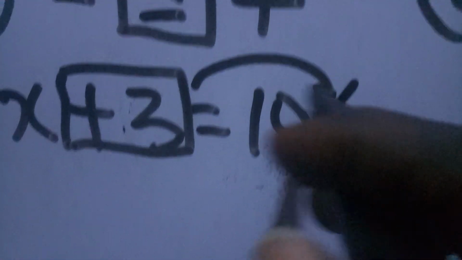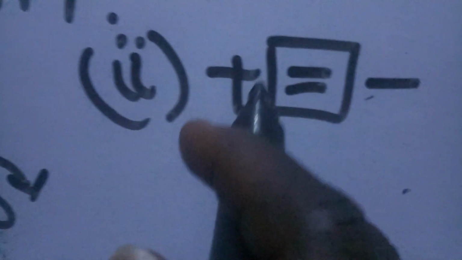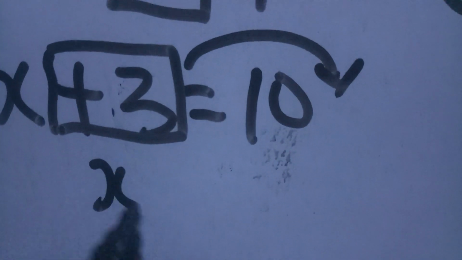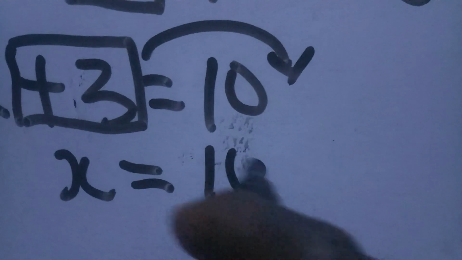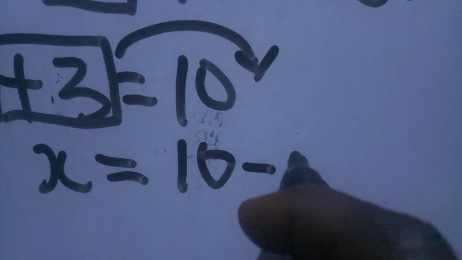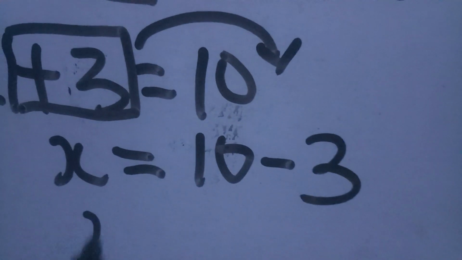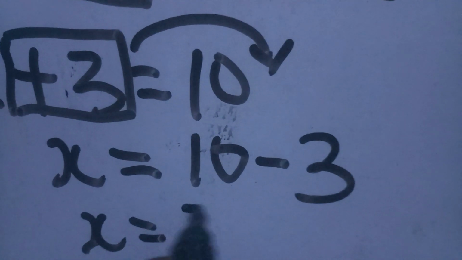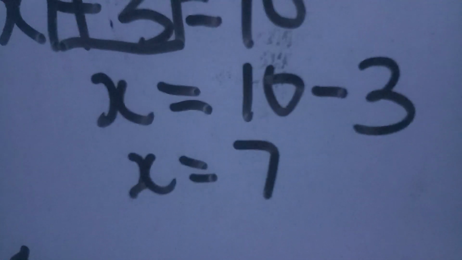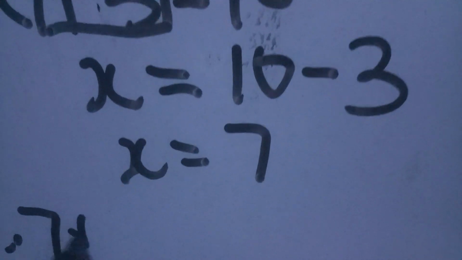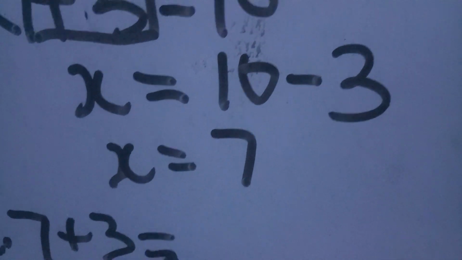So you have to transfer this plus 3 to the other side. So it will change to what? Minus. You write your x equals 10 minus 3, x is equal to 7. So therefore, 7 plus 3 is equal to 10.